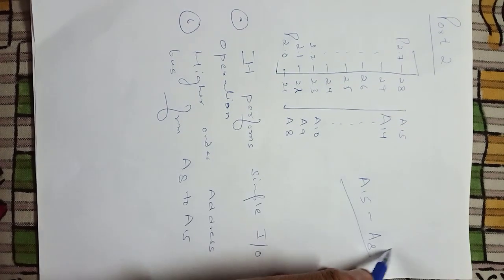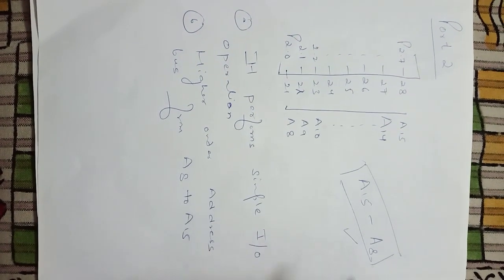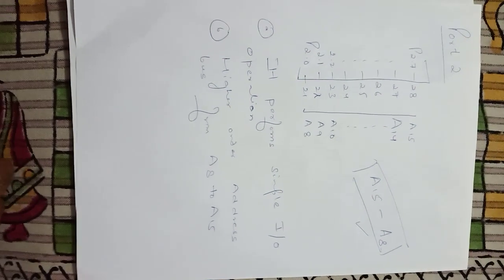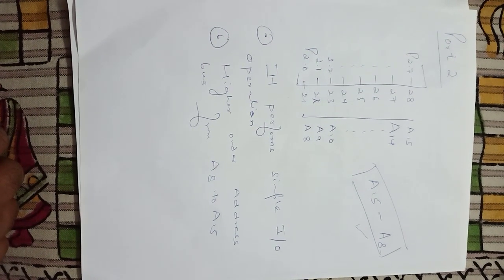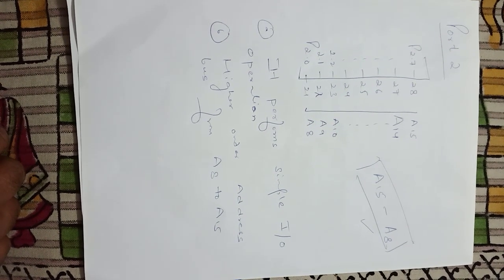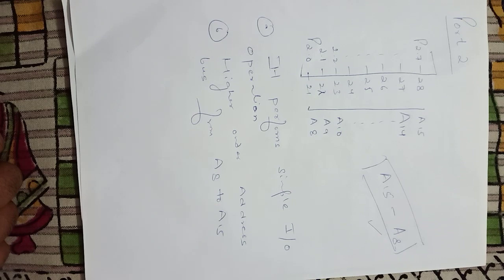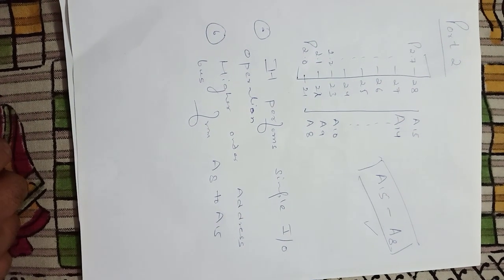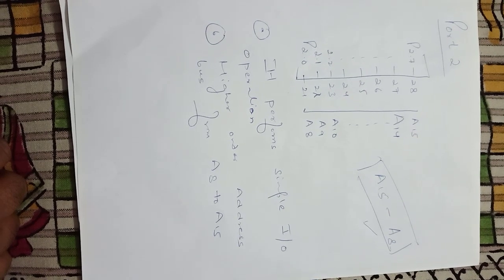The higher order address bus A8 to A15 can be generated for accessing the external memory or external hardware via port 2. So it performs dual operation: simple input output, or accessing external memory using the higher order address bus A8 to A15.